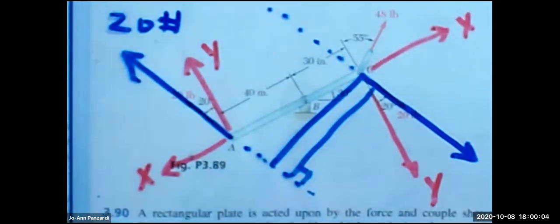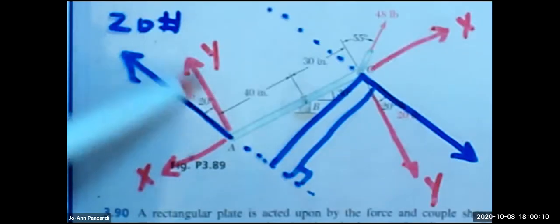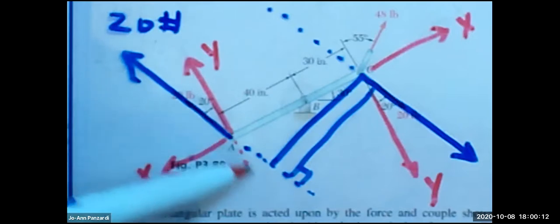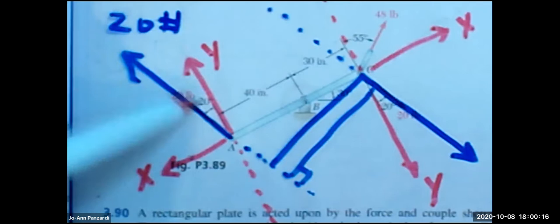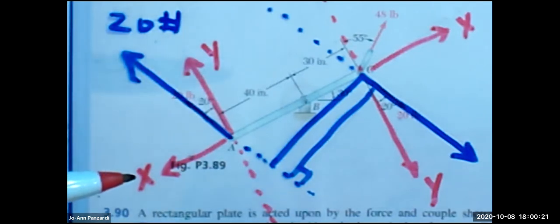But now I have two couples. I have a Y couple and an X couple. And the moment due to a couple is you take the magnitude of the force. In this case, I'm looking at this Y force, which is 20 pounds times cosine of 20. Do you agree? Right.